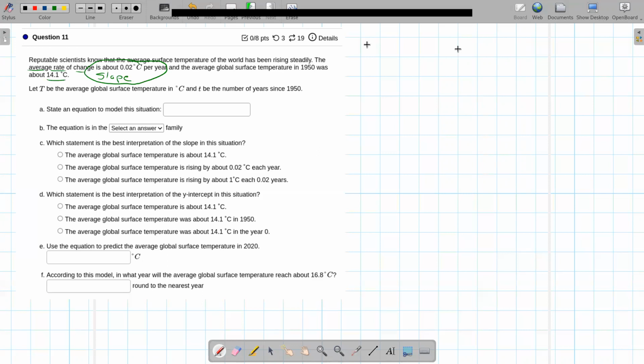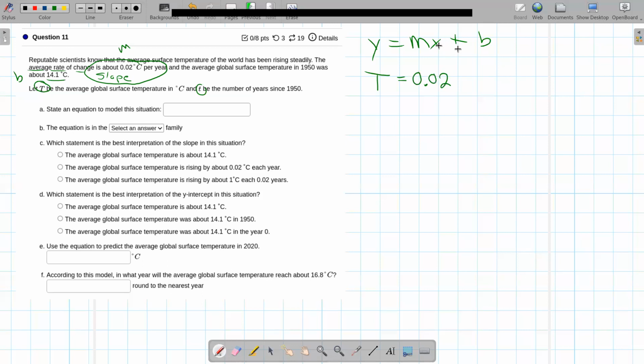So thinking about y equals mx plus b, I have a slope m, and I have a y-intercept b here. Now they want me to use capital T for temperature and lowercase t for years. So we have to be case sensitive here. So the global surface temperature, that's what I'm calculating. That's my y value. So capital T equals 0.02.